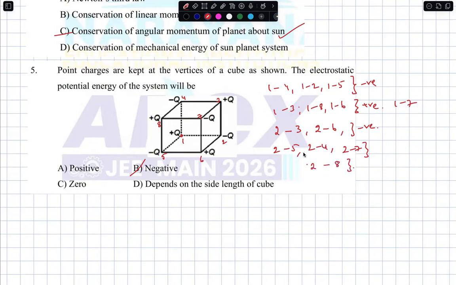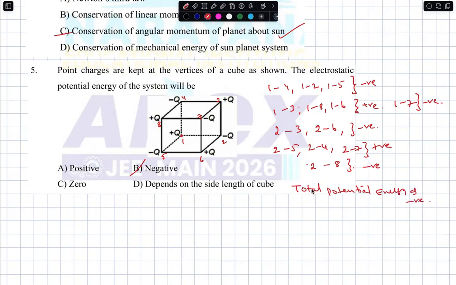Right. 2, 5, 2, 4, and 2, 7 are positive. 2, 8 is again negative. 1, 7 is also negative. Right. Likewise, you will get total potential energy as negative.